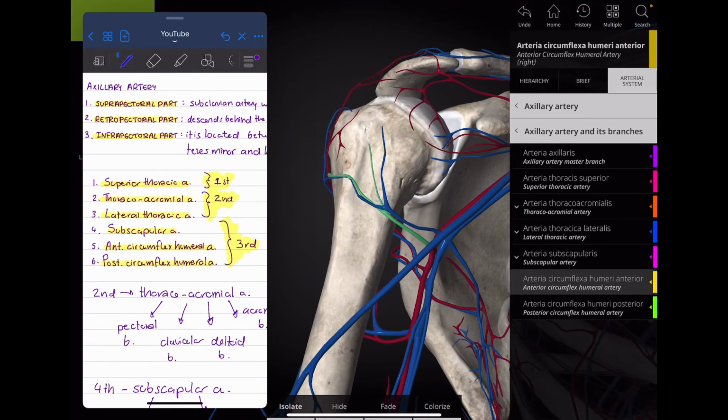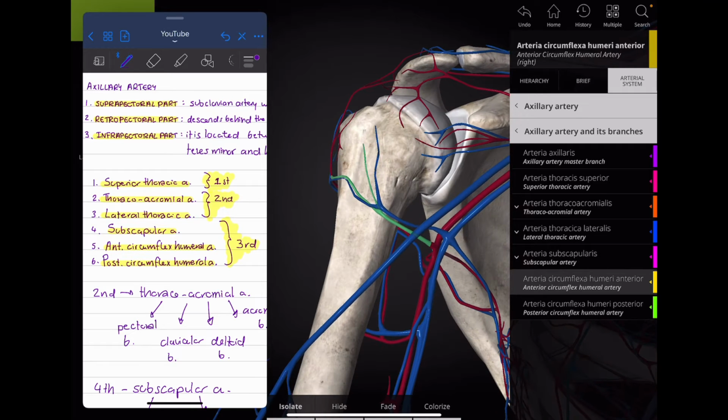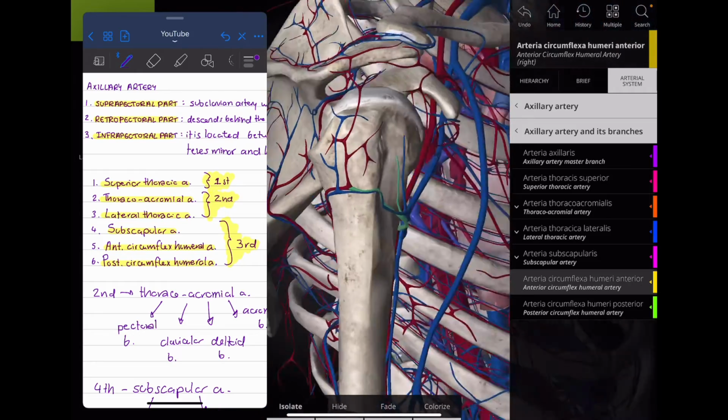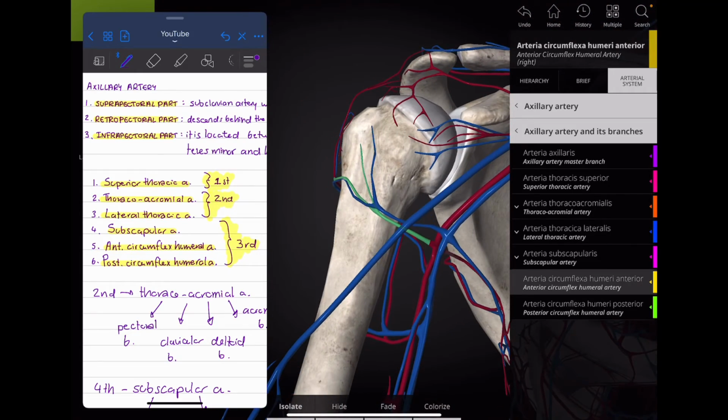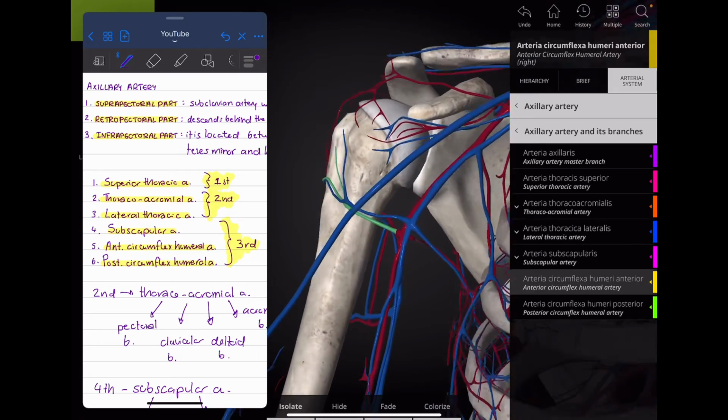So you'll be damaging them, you'll be breaking the efficient supply that the axillary artery is providing to this area. So that would lead to necrosis of the bone. That's a point worth remembering in terms of clinical relevance of the axillary artery and its branches.